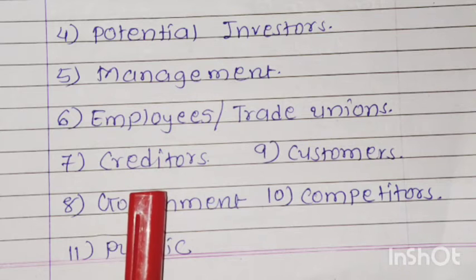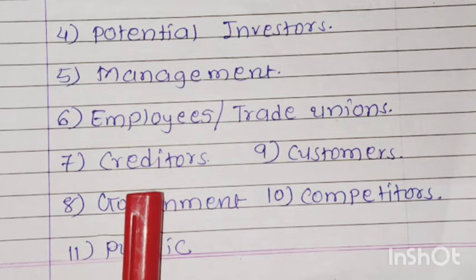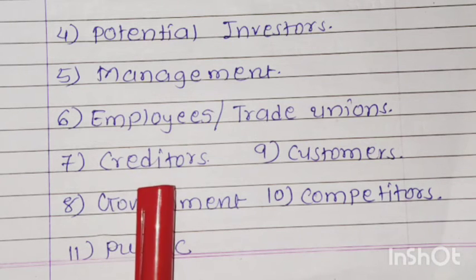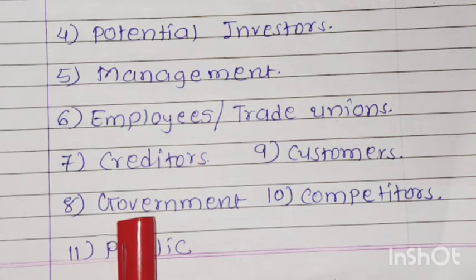Creditors are interested in financial statement analysis to know whether they will be able to recover the money in respect of goods or services supplied to company, and also to know about the possibility of continued business with the company. Next, government. Government is interested in financial statement analysis from the point of view of taxation and planning.